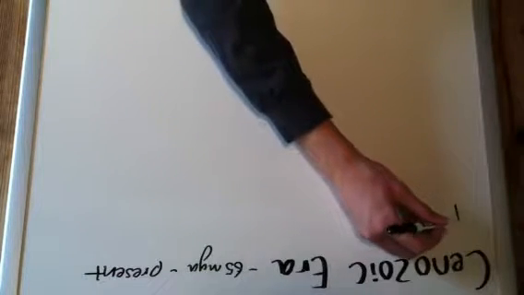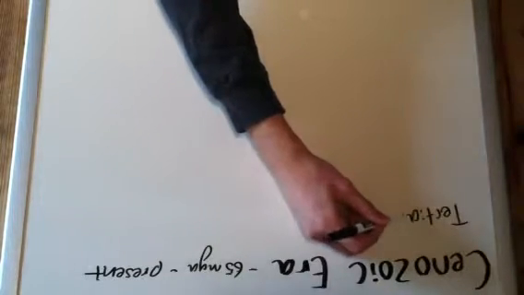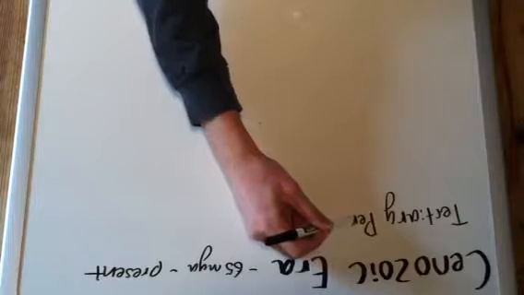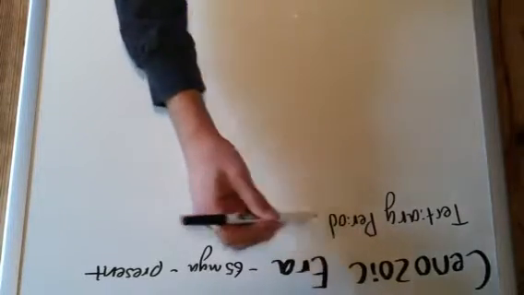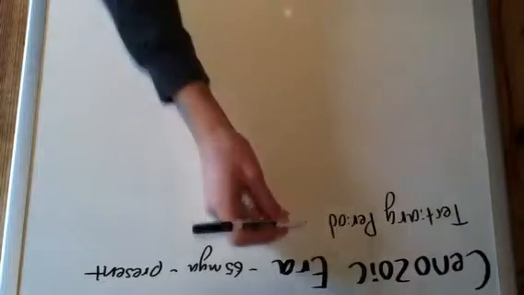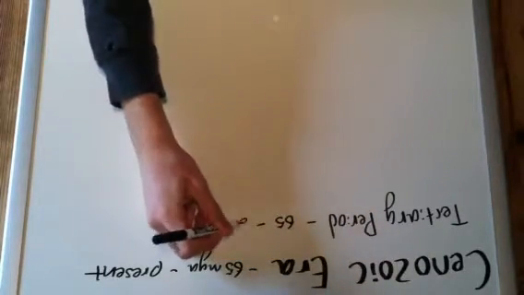The first period we have in the Cenozoic era is called the Tertiary period. Once again, some geologic timescales will not use this. They'll only refer to the Cenozoic era in terms of epochs, but to keep things short, we're going to just use the Tertiary period, which was from the beginning of the Cenozoic era, 65 million years ago, through 2 million years ago.